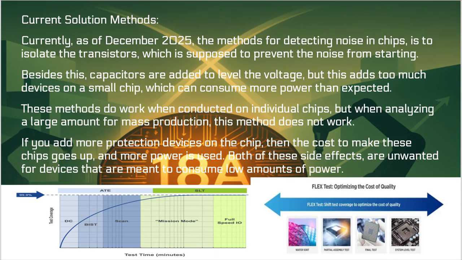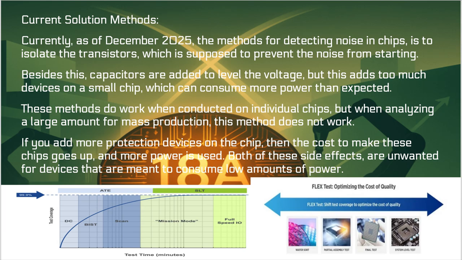So, yes, these methods do work eventually, but on individual chips, so they have to be done on every single chip. But they don't work when looking at a lot of chips, say for mass production, or when you have some analog chips and some digital chips. There's a challenge there.